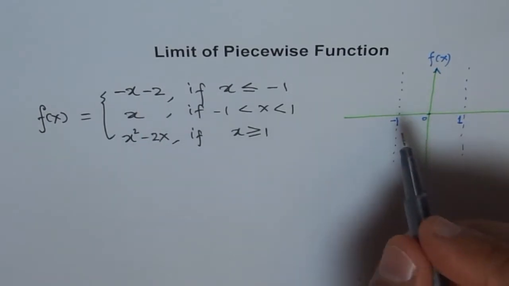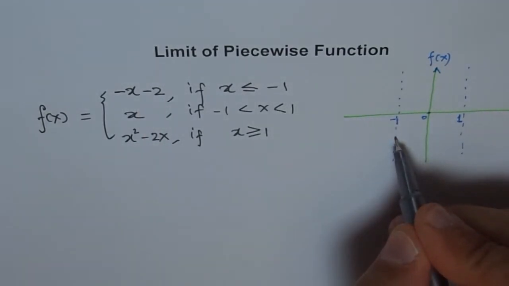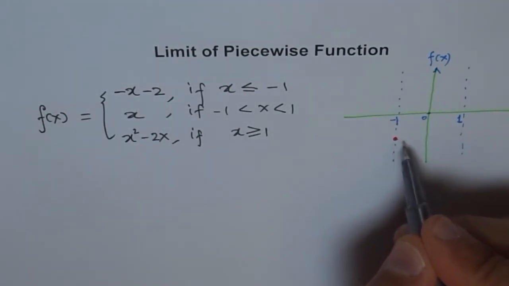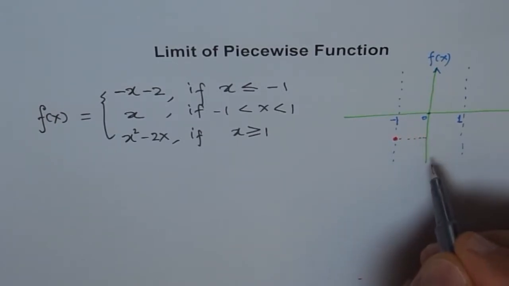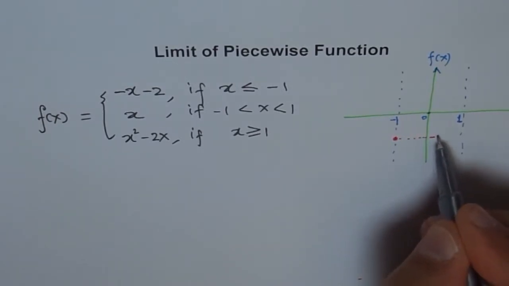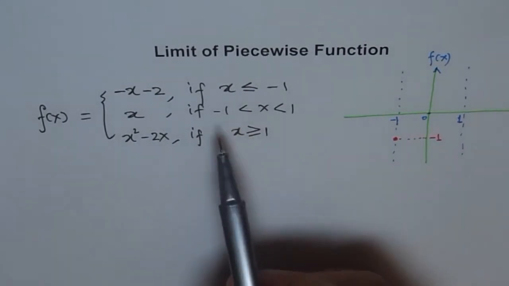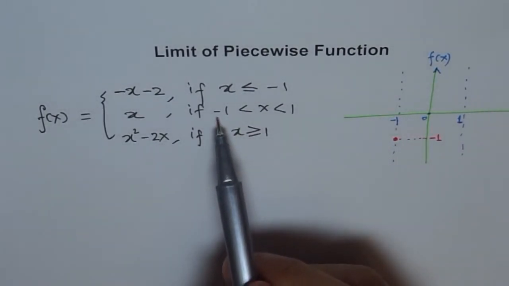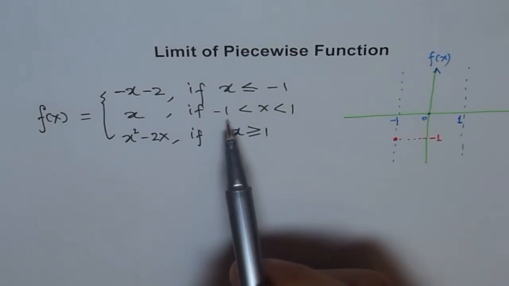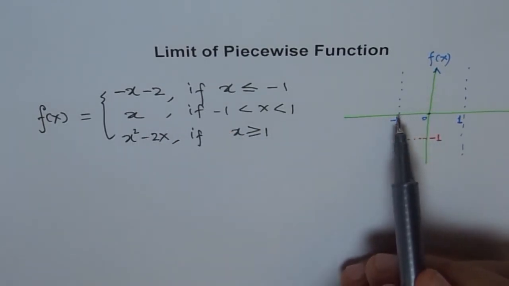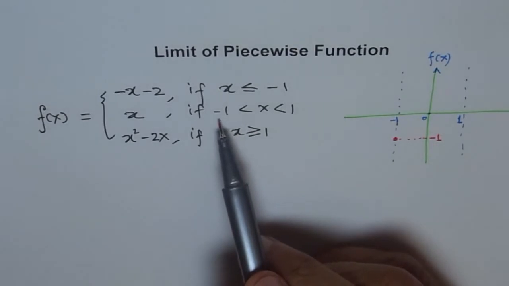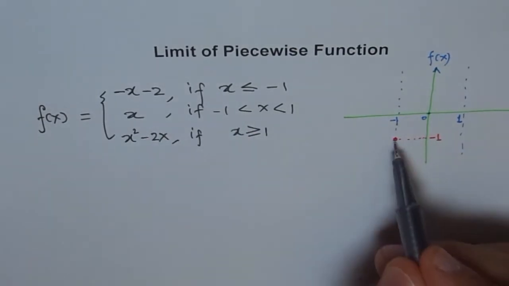So at minus 1 I get a value which is minus 1, and this value is filled up. Now if it is between minus 1 and 1, it is the x value. So at minus 1 you get a hole, and the value of the hole is minus 1. So it coincides with this.